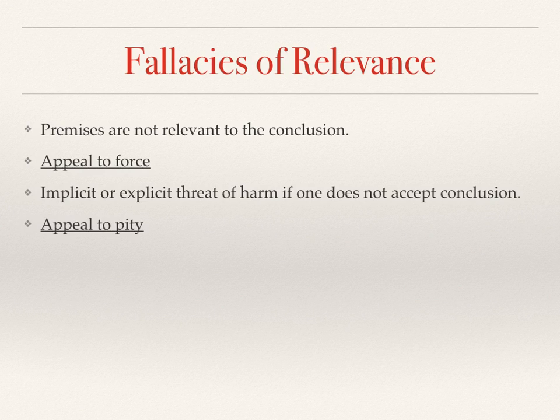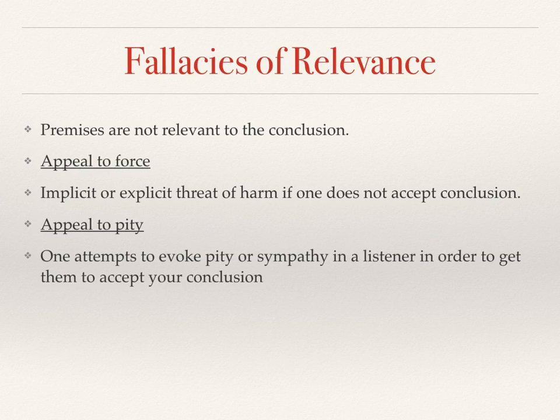Appeal to pity is another common form of argument, and in the appeal to pity, one attempts to evoke pity or sympathy in a listener in order to get them to accept your conclusion. So if a student comes to the professor and says, I deserve an A because if I don't get an A, I will lose my scholarship money.